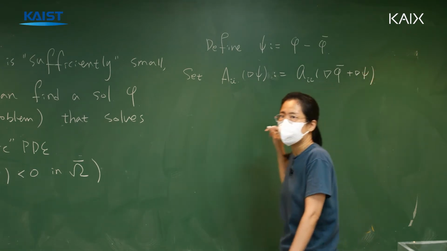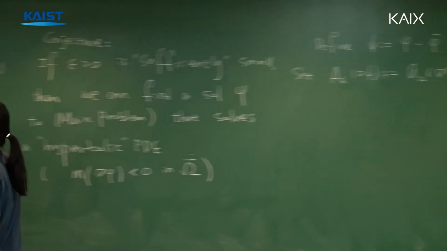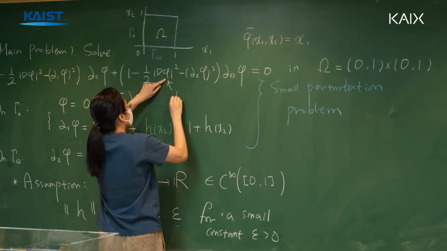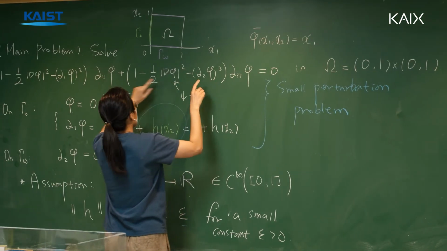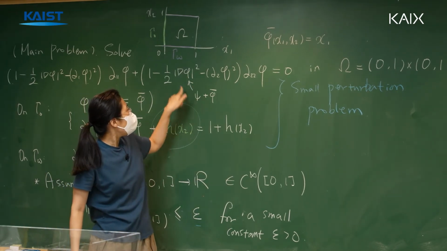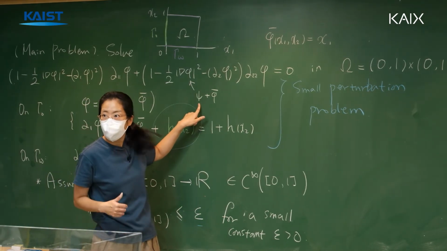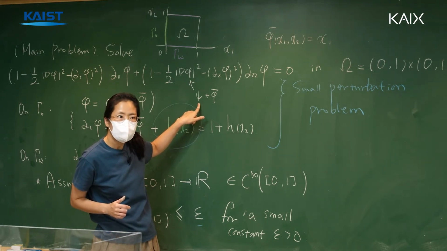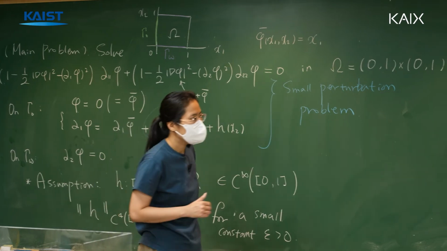What I'm just trying to do is rewrite this as psi plus phi bar, and look at the coefficient as a function depending on the gradient of psi. Okay, is it okay? Just technical exposition.